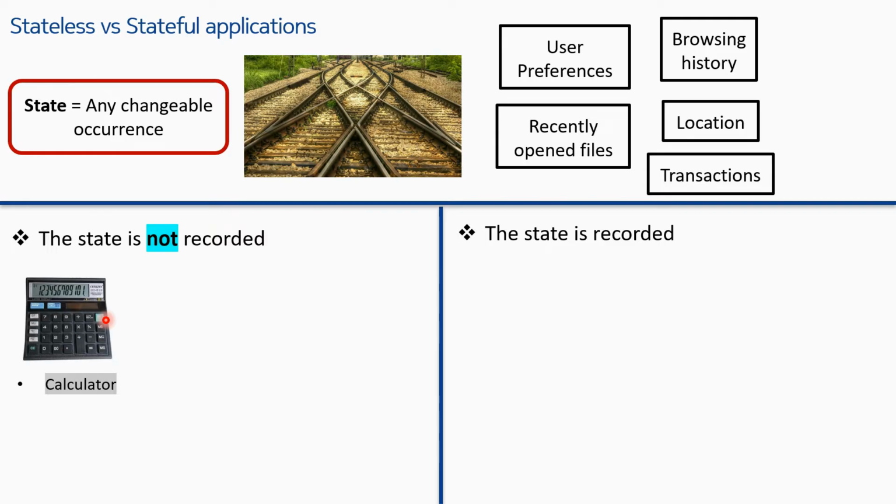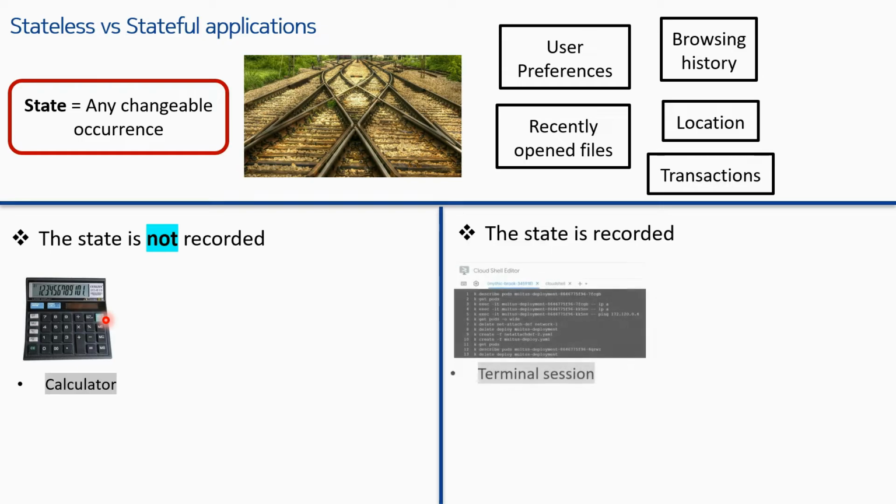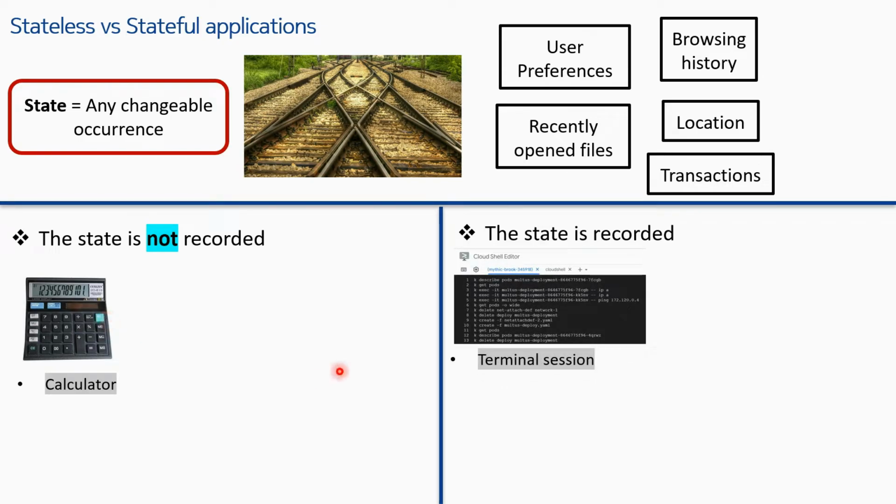On the contrary, a Linux terminal session can be considered a stateful application. It maintains the user history, the list of commands you have run in the past. You can copy the previous text from there and paste it somewhere else. These are very small examples I'm giving you right now.